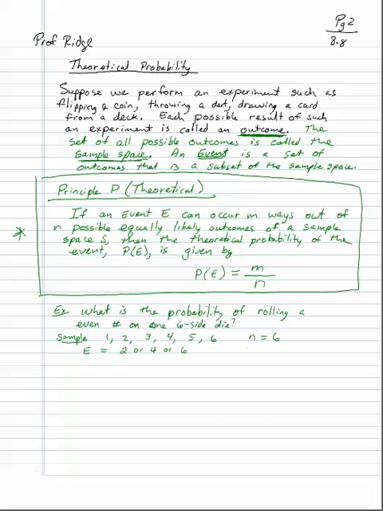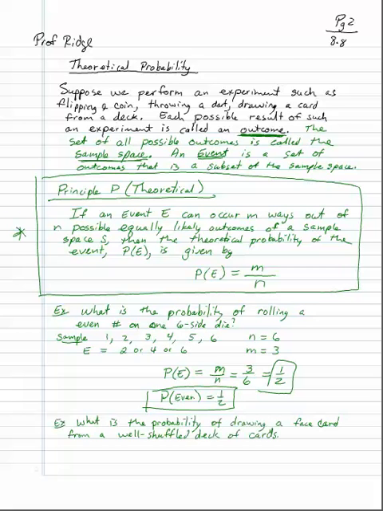So M is 3, there's 3 ways to get an even number. Probability of E is M divided by N, 3 divided by 6, which is 1/2. We'll usually write probability of getting an even, something like that.